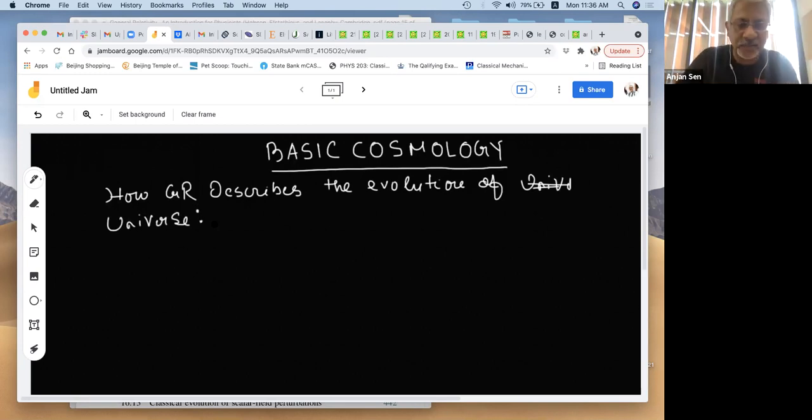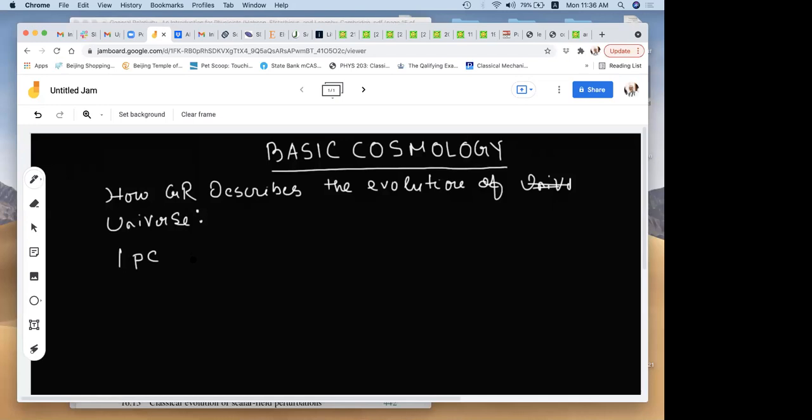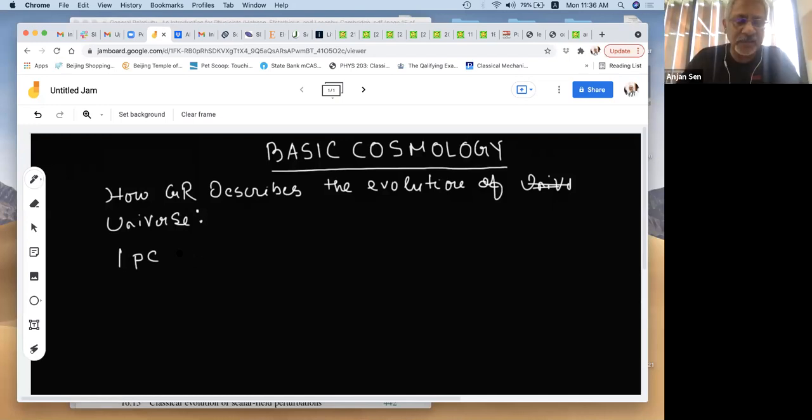Before starting that, let's discuss some length scales that we'll use in all our calculations and discussion. One typical scale that we use in cosmology is called the parsec. What is this parsec?